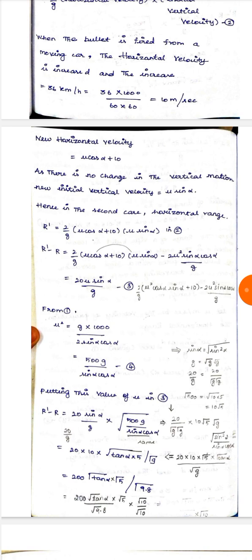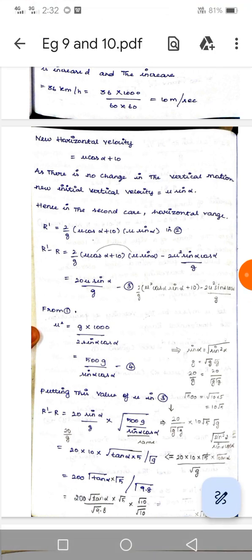We split sin alpha into root sin alpha into root sin alpha. Then the sin alpha in numerator and denominator cancels. The g value also has root g in the numerator and g in the denominator, so we cancel root g, leaving root g in the denominator.